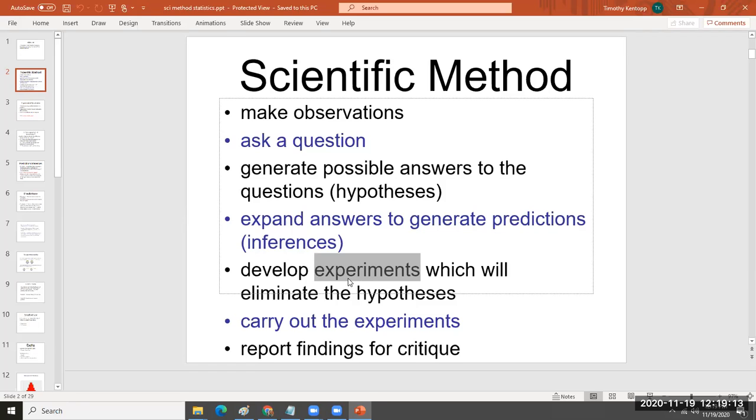Especially in living systems, the variability of experimental results can be large, and you can get a lot of results that vary quite a bit. And so the ability to repeat an experiment over and over again is critical.